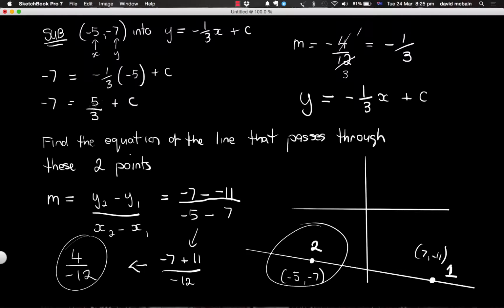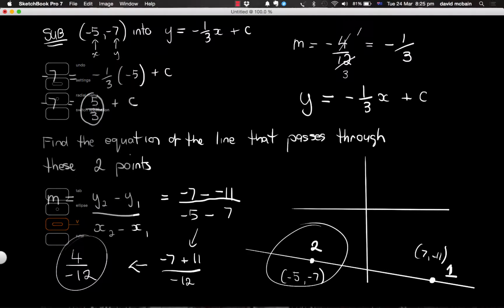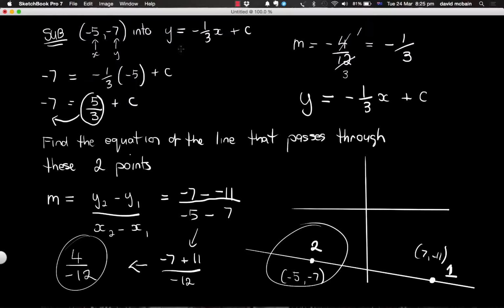Now to find out c, I'm just going to take this fraction here, and I'm going to subtract it from both sides to move it to the other side of the equation. So moving to this line, I've now got c equals -7, and I had to subtract the 5/3, so I've gone minus 5/3.